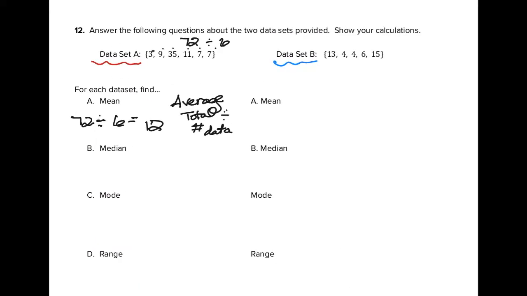Median. What's a one-word definition for the median? Put it in the chat. Come on, come on. Median is the middle. Middle. Okay, but before I can find the middle, I have to put them in order from least to greatest. So, least to greatest, 3, and I like to cross them off as I go. 7, 7, 9, 11, and 35.